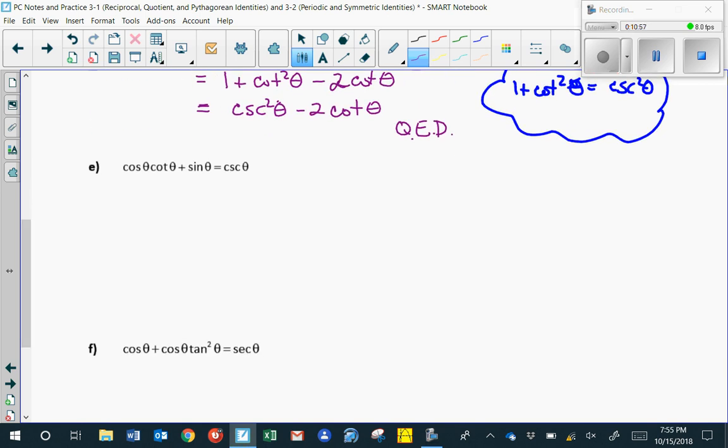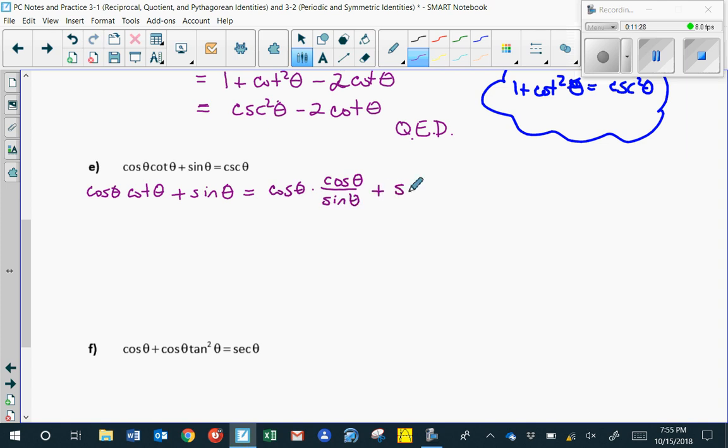Okay, 2 more examples. In E, we have cosine of theta times the cotangent of theta plus the sine of theta. That needs to be transformed into the cosecant of theta. So I'm going to take cosine of theta, leave it alone, and re-express cotangent of theta as cosine of theta over the sine of theta.